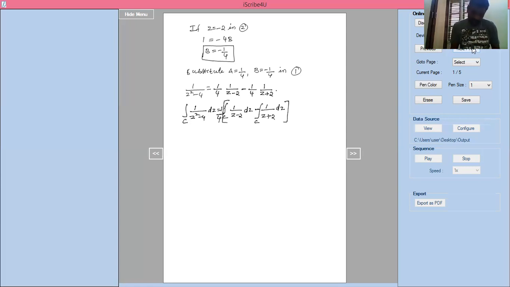Now I can simplify this. We have to take the given circle first. Up to here, I will consider this as equation number 3.